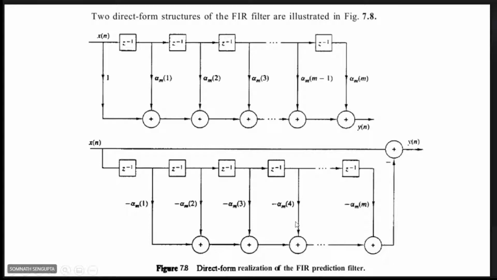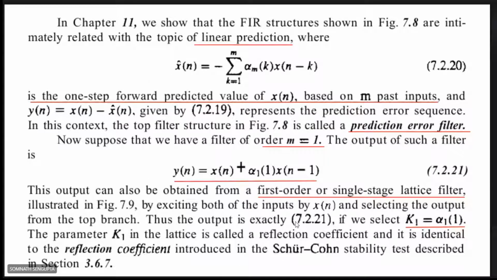These are the two kinds of realization of FIR filters: one using the normal direct form structure, another is the FIR prediction filter in direct form. That is what I explained about the prediction filter.